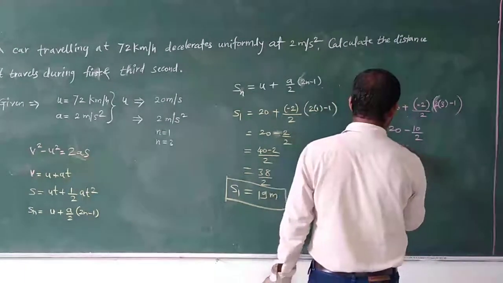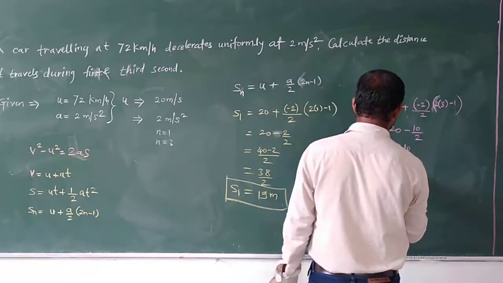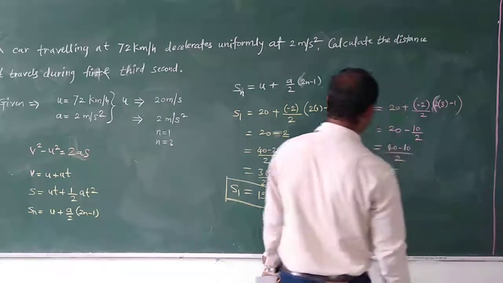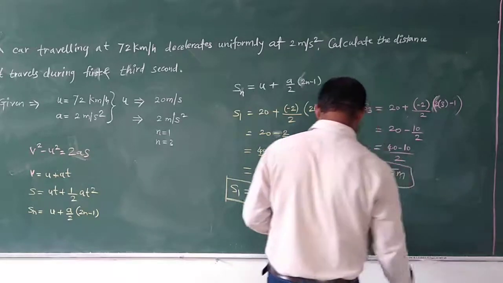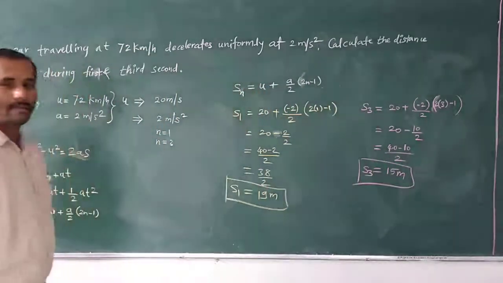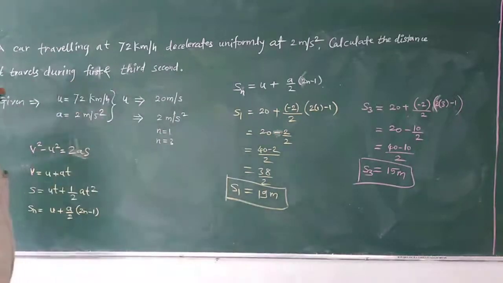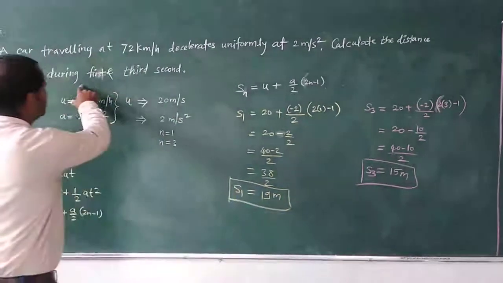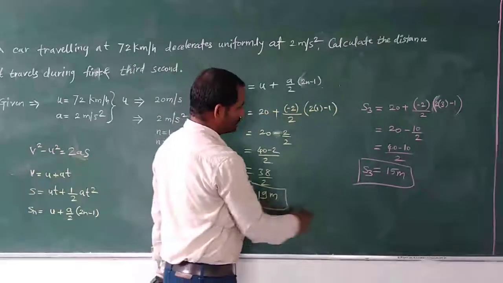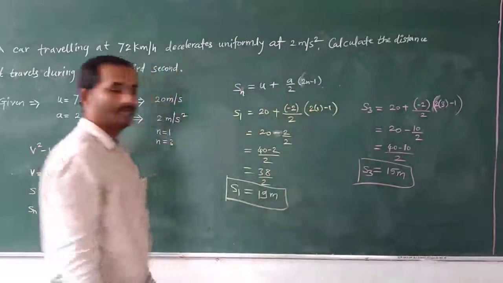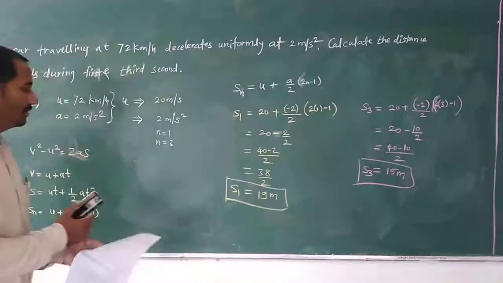So 40 minus 10 by 2 will become 15 meters. So S3 is 15 meters. The distance traveled during the first second is 19 meters, and during the third second is 15 meters. Then we will see the next problem.